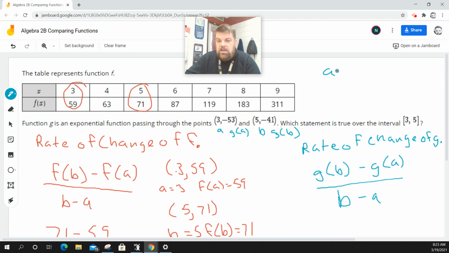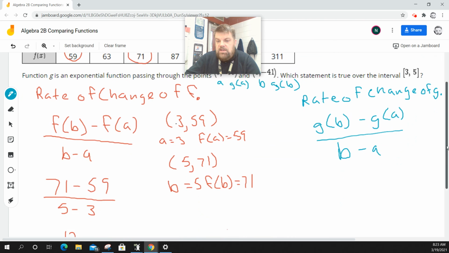where a equals 3, g of a equals negative 53, b equals 5, g of b equals negative 41. And then we plug it in.